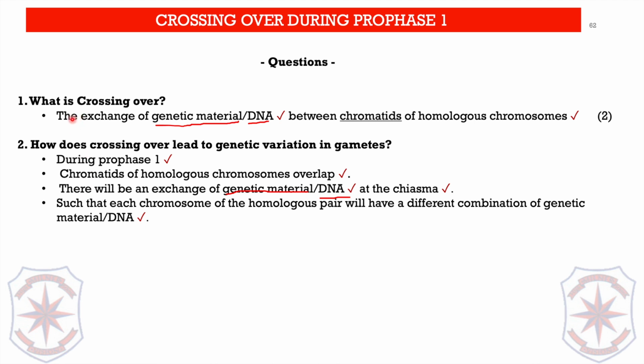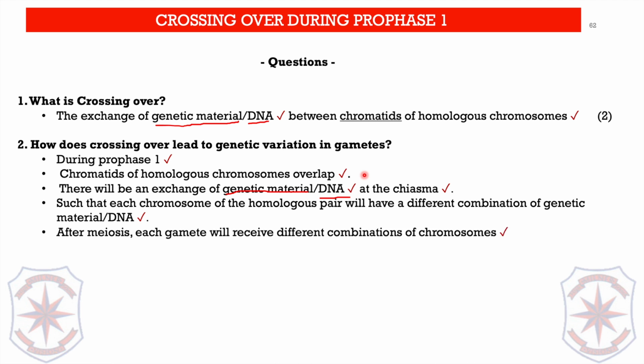Remember, on the previous answer we were giving a definition of what crossing over is, but here we are describing how crossing over leads to genetic variation in gametes. After meiosis, each gamete will receive a different combination of chromosomes with different combinations of genetic material.